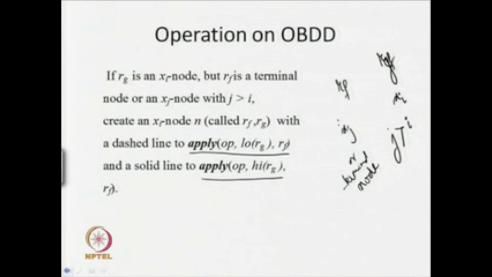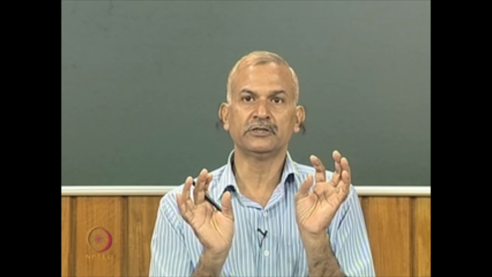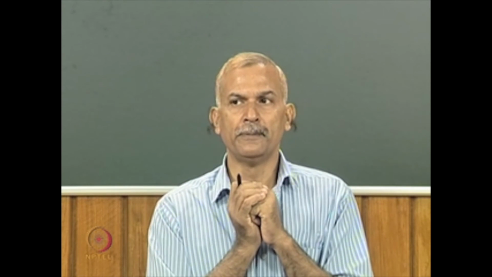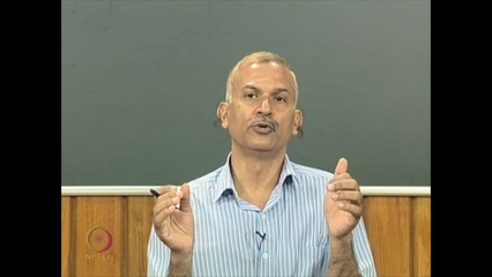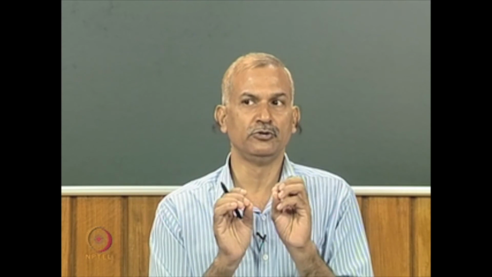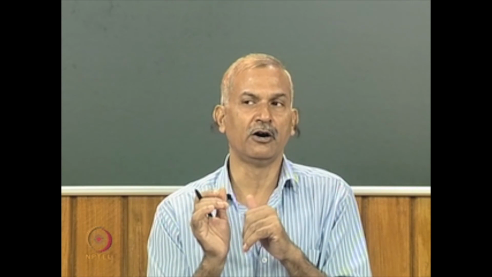Now, just see that we are going to take two ROBDDs, we are going to traverse them from the top and it will be a top down approach. If both are terminal nodes, then we are going to apply the operation over there, because we know the values, either it will be 1 op 1 or 0 op 0 or 1 op 0 or 0 op 1. We may have 4 conditions.